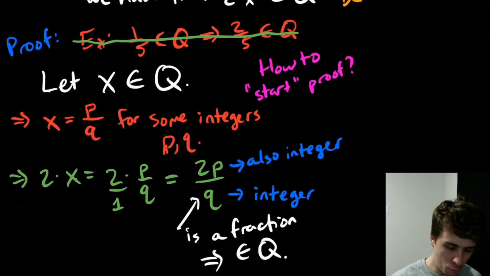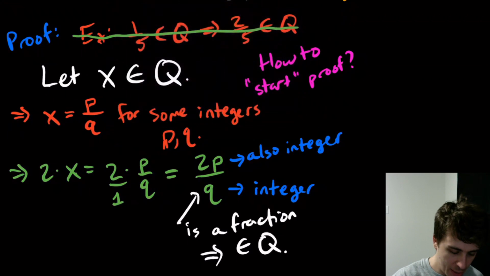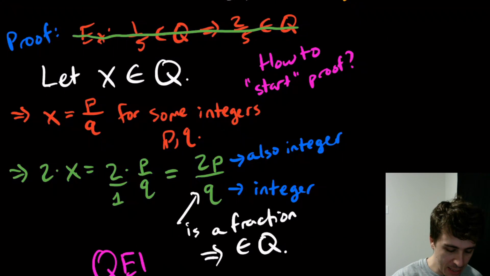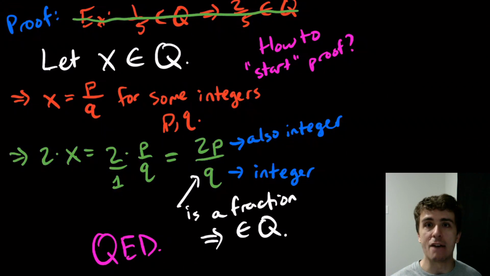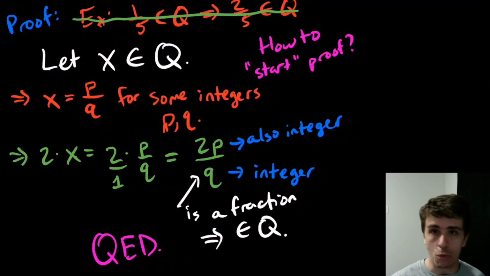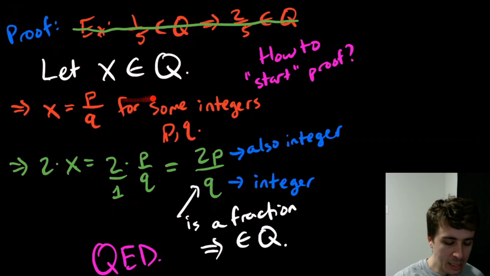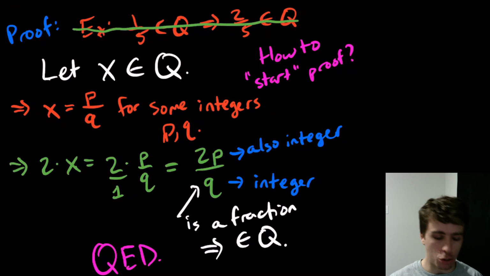So what I can put at the end of the proof here is QED. It's actually a Latin phrase. It means we have proven what we wanted to show. Quod erat demonstrandum, or something like that. We have shown what we wanted to prove. Why? Because we let x be any rational number.